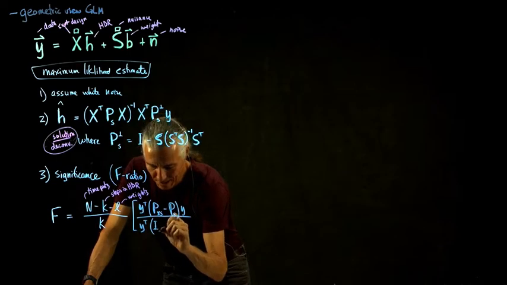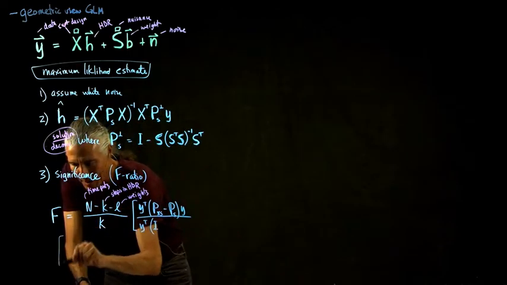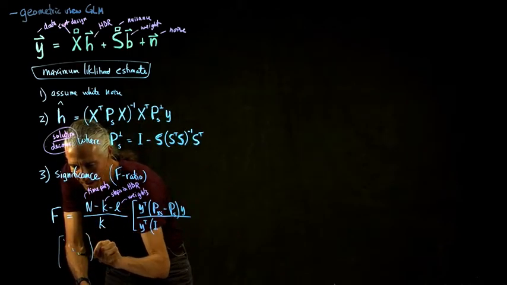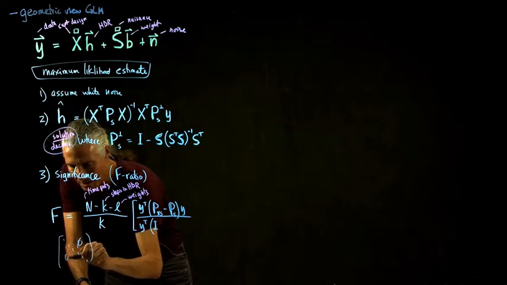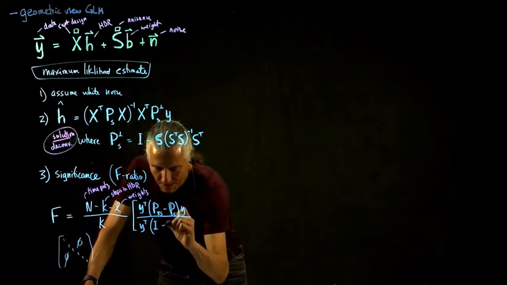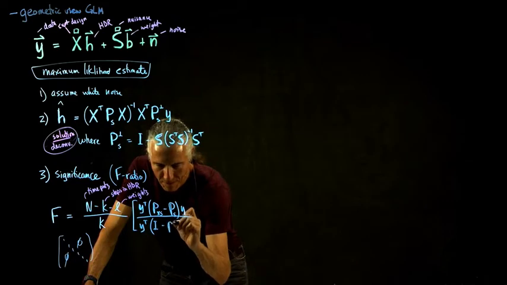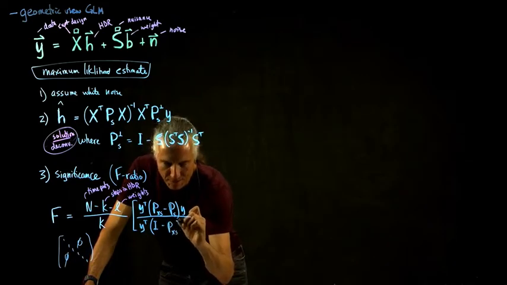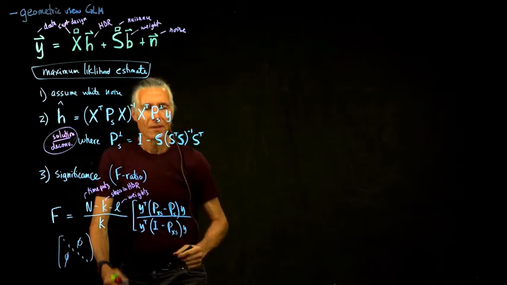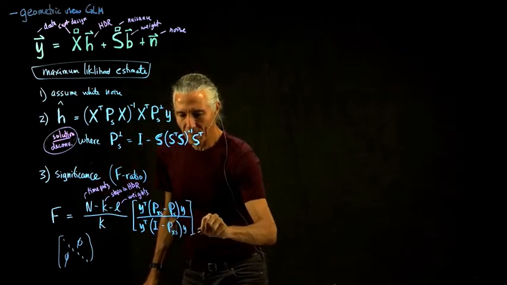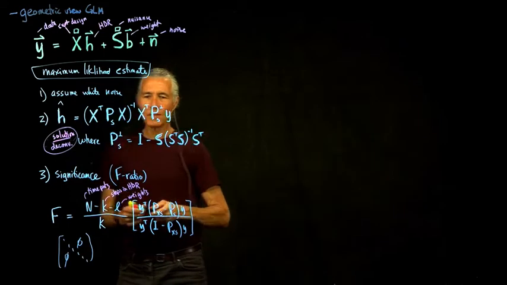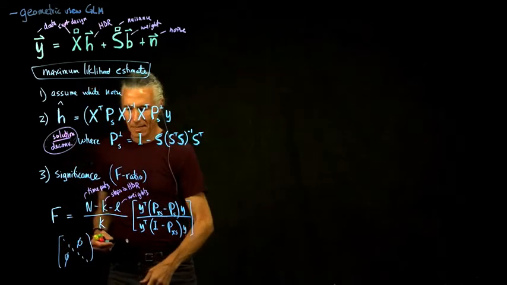I stands for the identity matrix. That would be like a giant matrix with just ones here and zeros everywhere else. I'll explain what that means. Then here's that same matrix again times y. Okay, so that's basically our signal over noise.